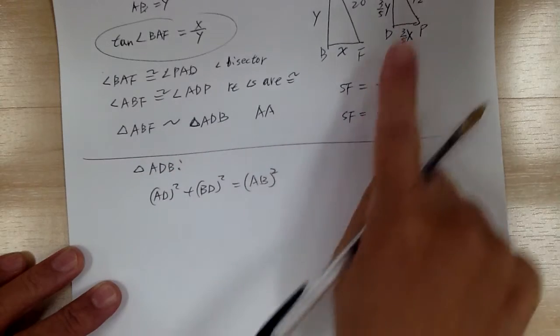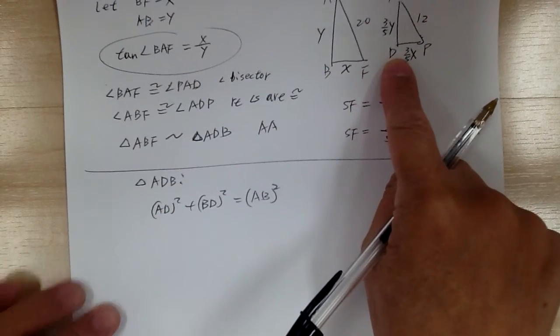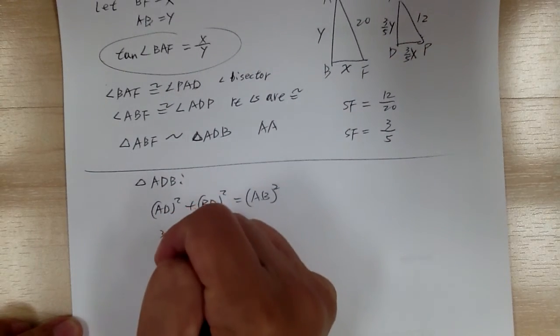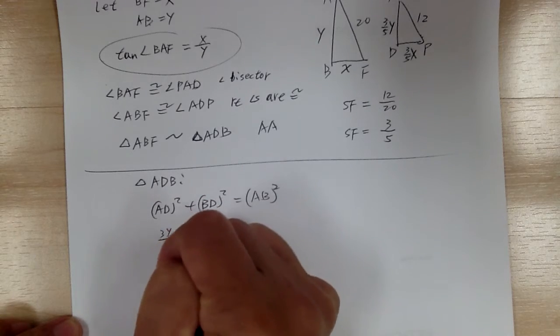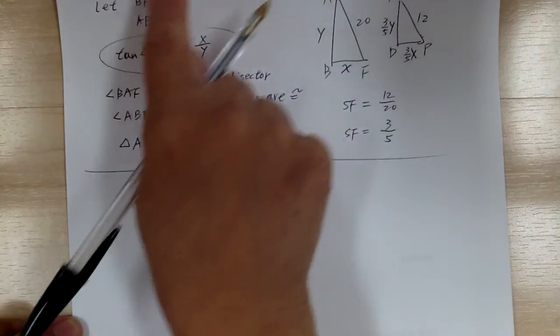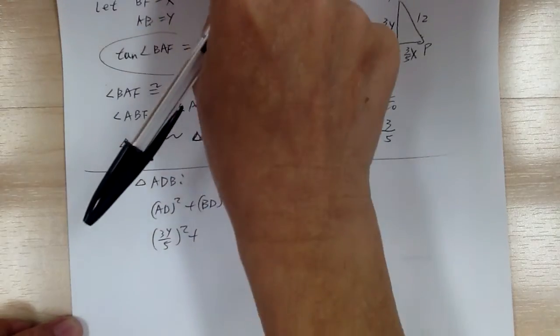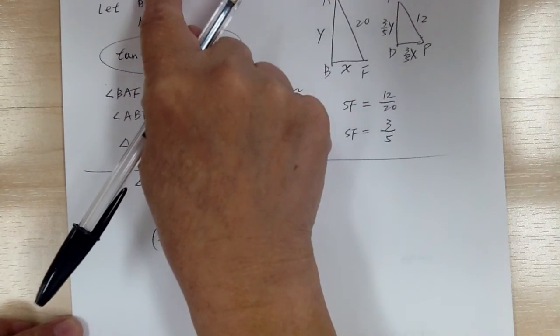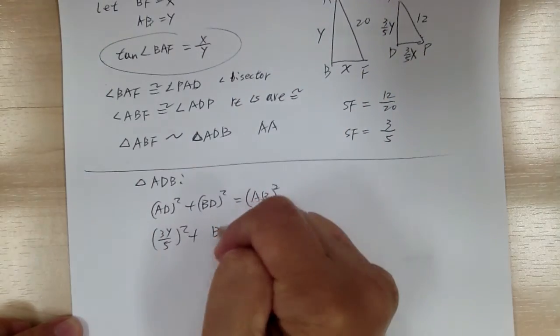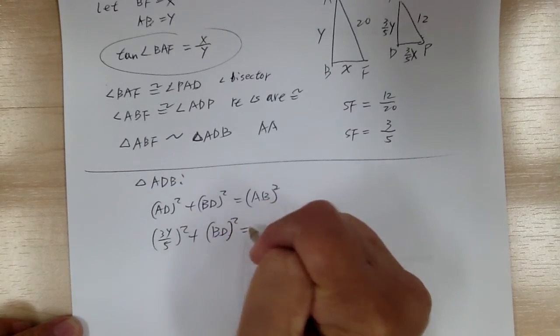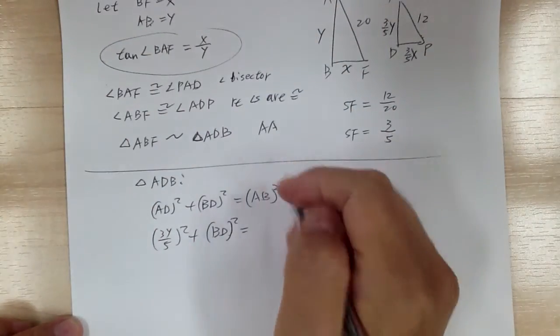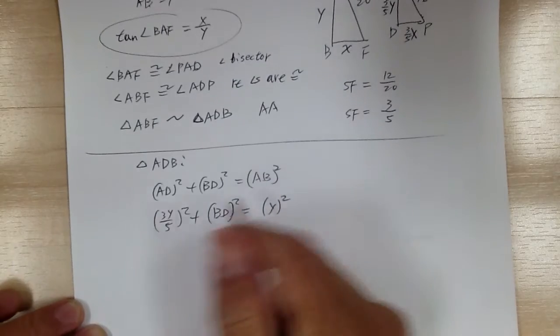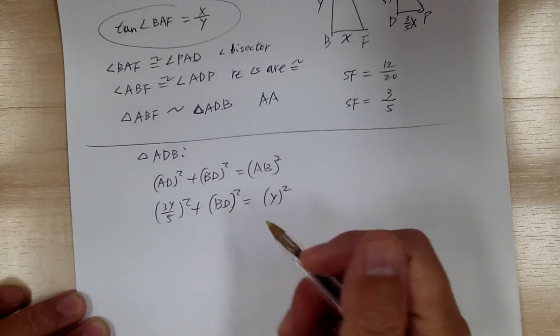Okay, so AD from here is (3y/5) squared, and BD we don't know, that's what we're looking for, and AB is y. Okay, so that's going to work it out.